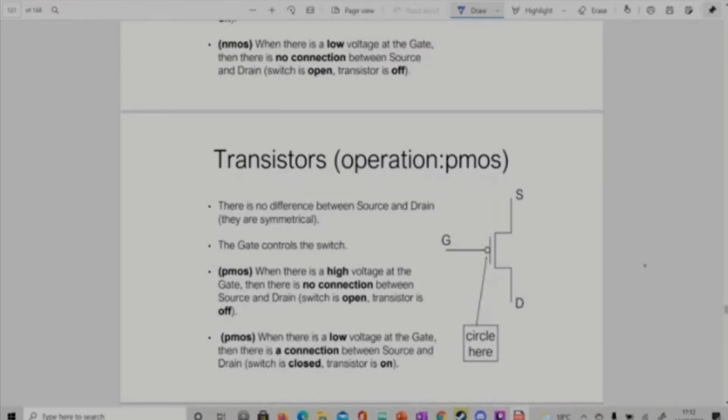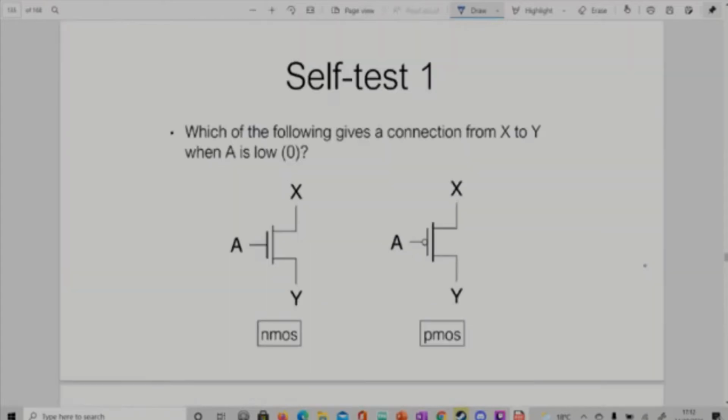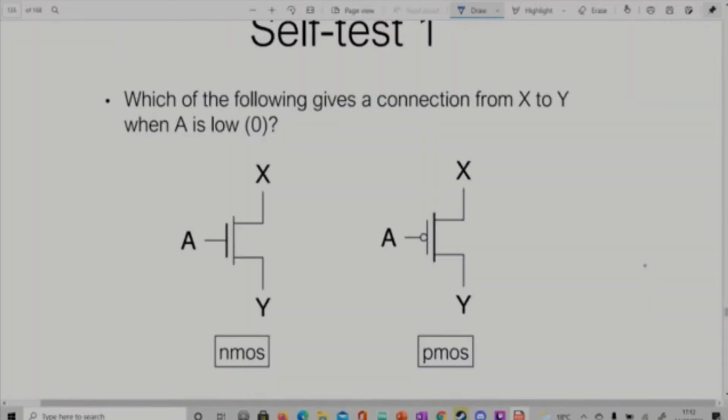Okay. So yeah, remember these are just the switches. These are just representing our switches. So let's go. Which of the following gives a connection from X to Y when A is 0? So this is A. So we're saying that the connection between here is going to be open this way because it's 0.